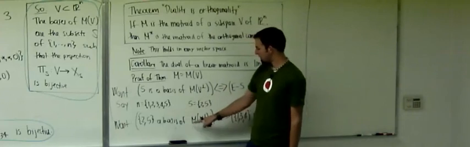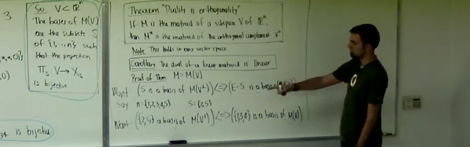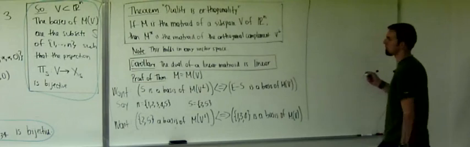But I was able to describe these two matroids over there. So what does it mean for 2, 5 to be a basis of M of V perp?